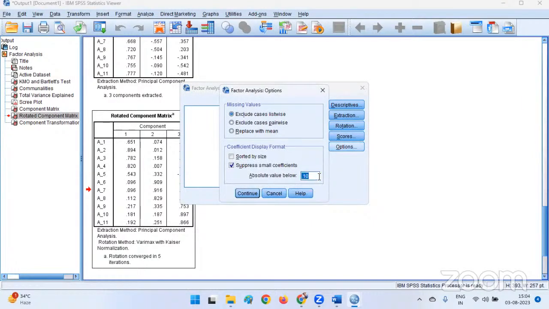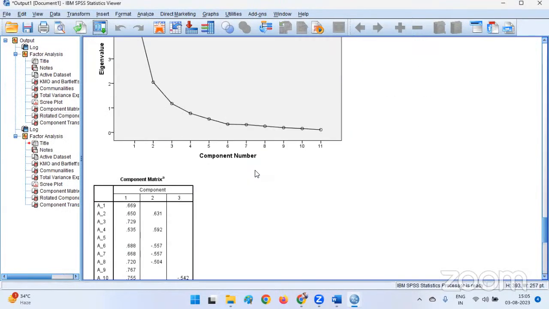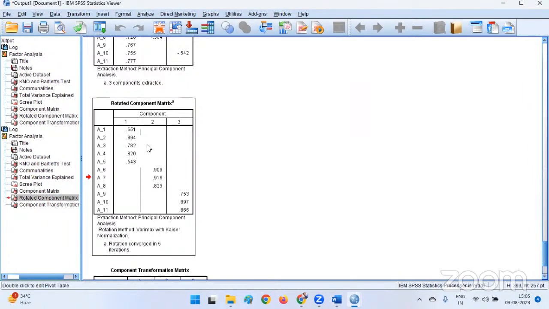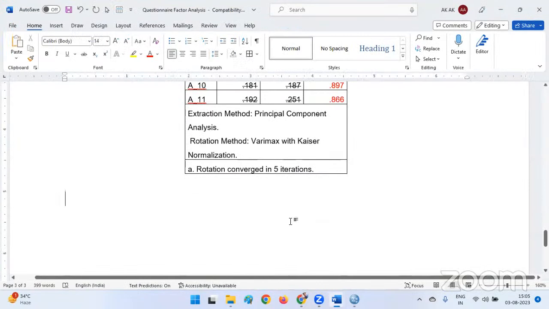In suppress small coefficients, I can write 0.5. So any factor loading which is below 0.5 can be suppressed. So click continue. This will calculate the whole thing again, and then it will give a table which is the rotated component matrix like this.